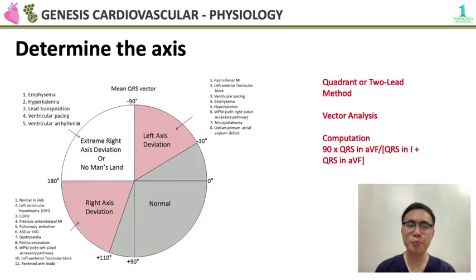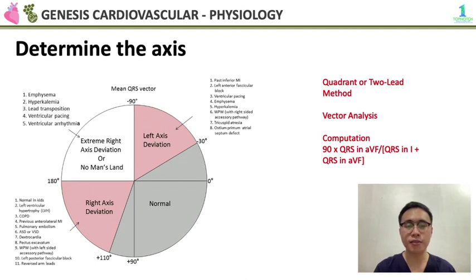So for the next step, we want to determine the axis. So for the axis, there are a variety of ways by which we can measure it or we can get it. So we can have the quadrant method or two-lead method, vector analysis, or you can compute for it. No? So paano ba natin kino-compute? Basically, you need to count the number of squares in the AVF and lead 1, and then you multiply it by 90.